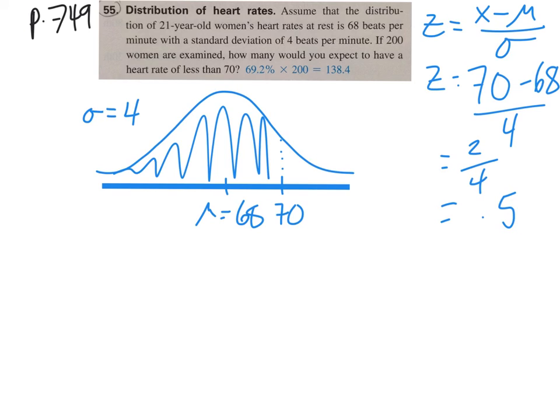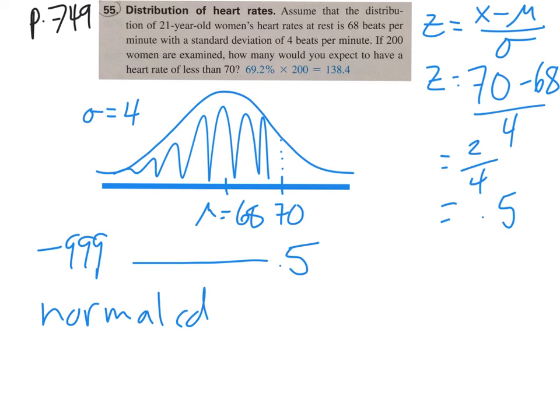So good. Now if we look at the normal distribution, we're actually going to be looking at the range. Let's think of the z-scores over here. So it'd be negative 999 over here, all the way up to 0.5 as a z-score, right? Because the mean would be 0 and 70 would be 0.5. So if we go to normal CDF, we're going to plug in negative 999, comma, 0.5.